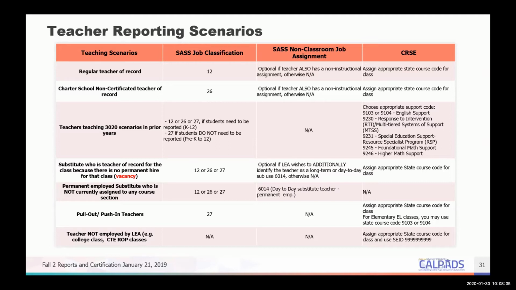Yes, that's right. So that applies to all courses that have itinerant teachers. You can now report any state course code as long as you have a 27 staff assignment. So there's no longer that one-size-fits-all course code. That's right.